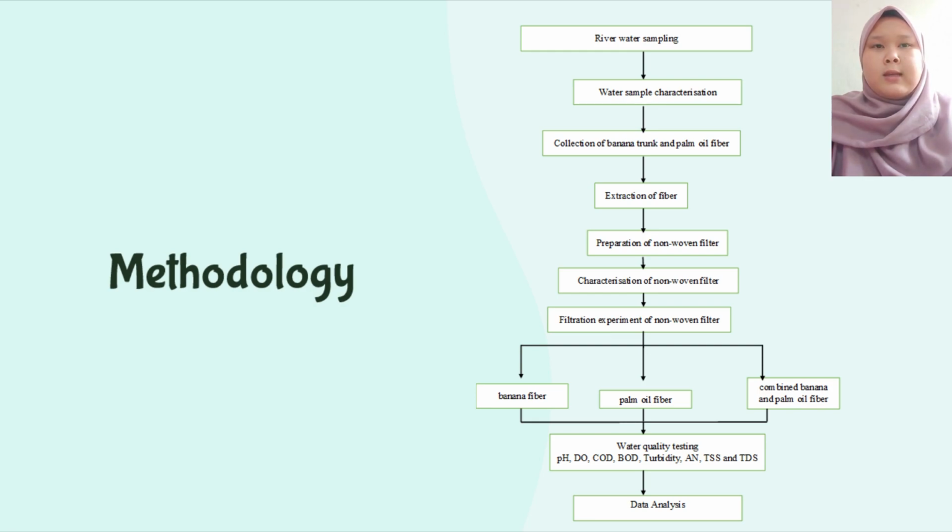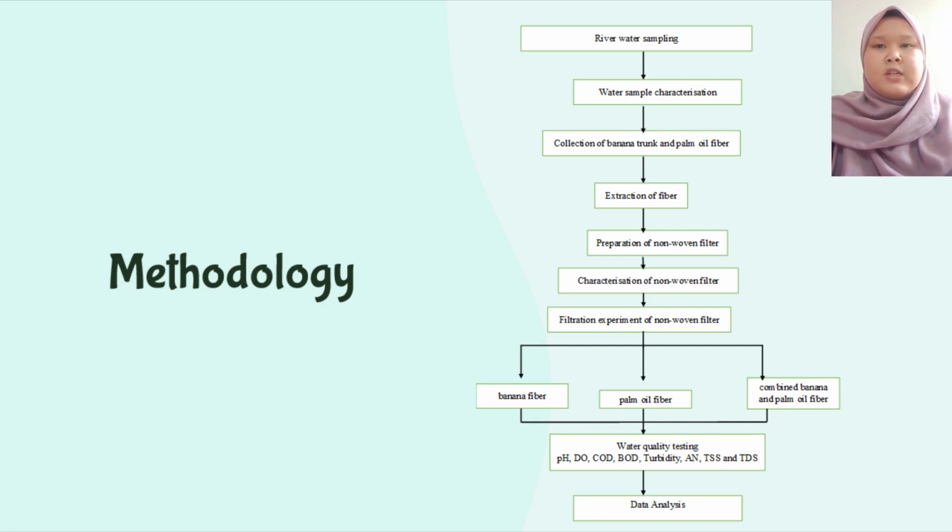The study is conducted at Pancho River, Pago. Next is water sample characterization. The sample, we will go for the characterization of turbidity, pH, chemical, COD, DO, BOD, TSS, TDS, and AN.